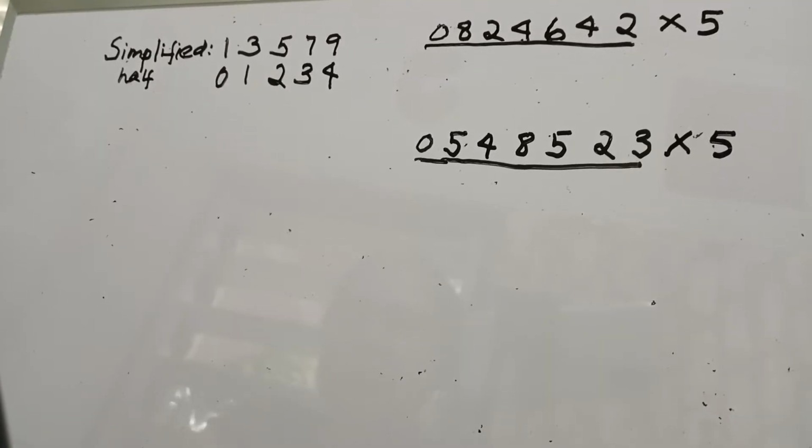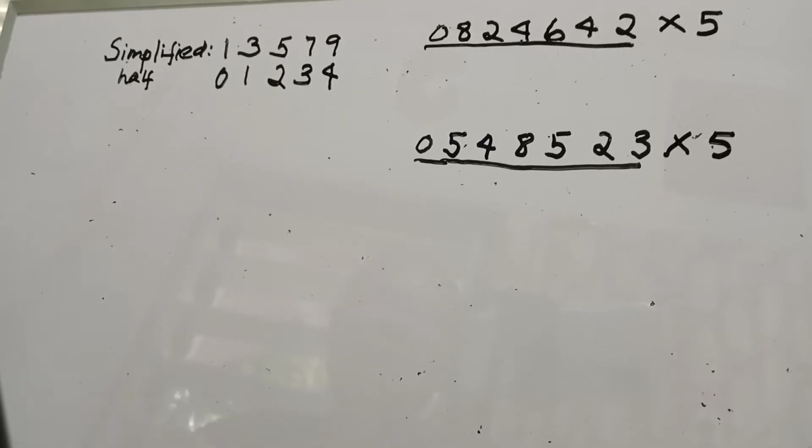Good day, everyone. Our topic for today is multiplication by 5. From now on, we'll be using the simplified half of the odd numbers 1, 3, 5, 7, and 9, which are 0, 1, 2, 3, and 4.